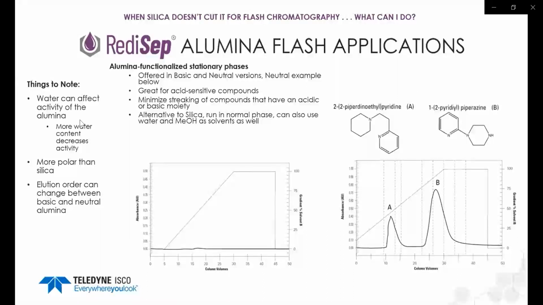We get kind of broad peaks and maybe not even elution until late, just well retained on the silica. When we do the separation on alumina on the right, we can see we get clear baseline resolution between compounds A and B.